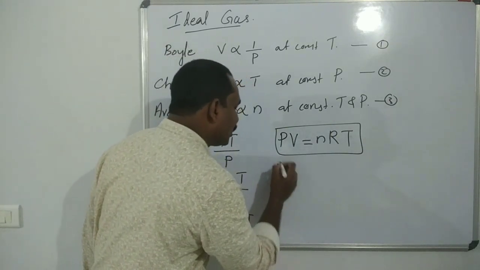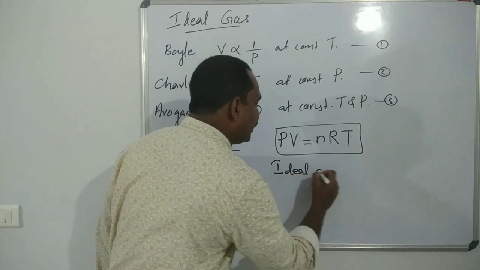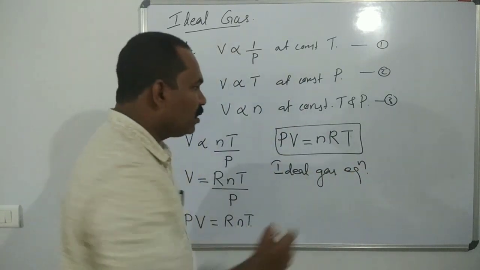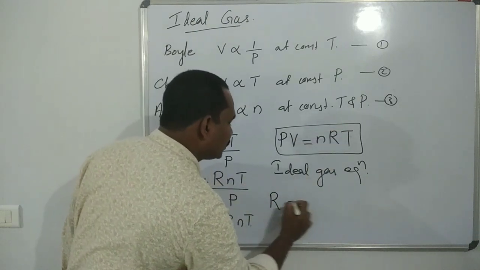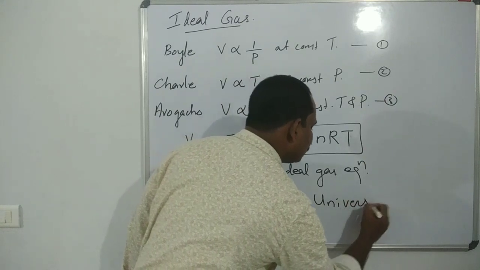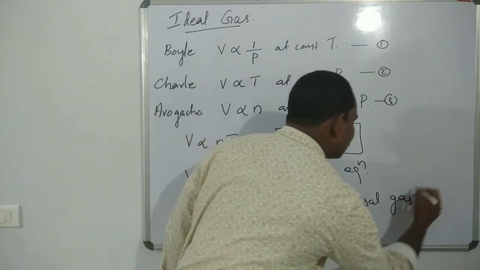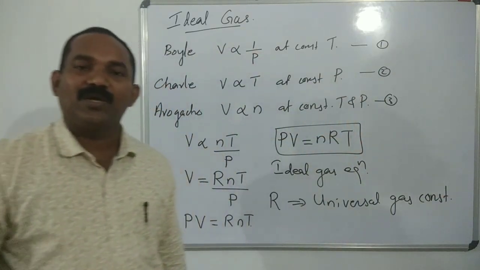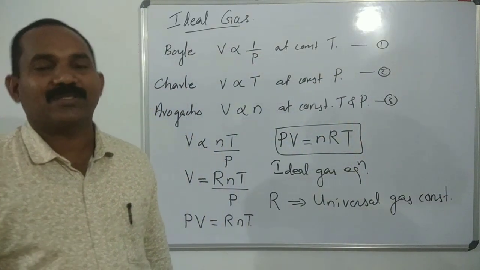This is known as the ideal gas equation, where R is known as the universal gas constant.